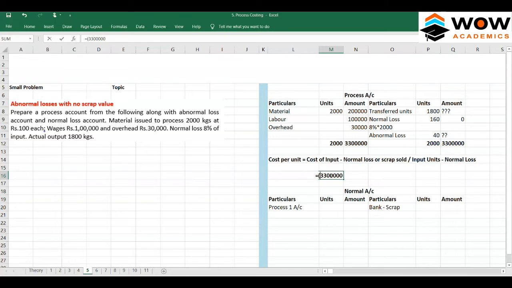So total is 3,30,000 minus, see there is no scrap, so it is 0. Divided by units is 2000 minus normal loss units, that is 160. Close it and we'll get the answer. But what we'll do, we'll show the workings here, or else you can't understand it.